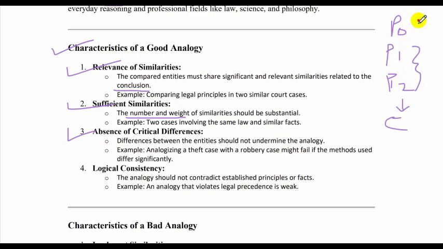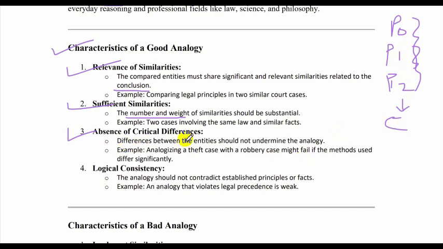So let's say P0 and P1 are very similar. P2 is not that similar in terms of the weight and the number or the quality of that premise, but even then it should not undermine the truth value of premise 0 and premise 1, or the conclusion also.